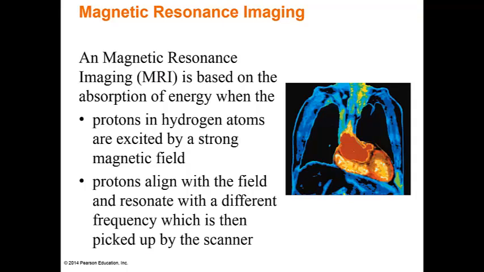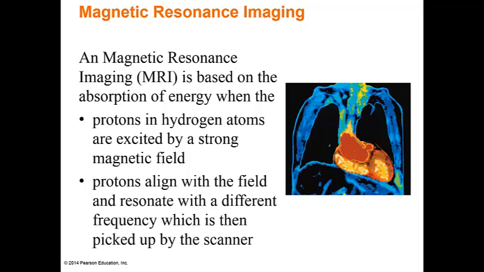MRI, which I've also had, which many of us may have had if we've had ligament injuries, knee injuries, things like that, is based on absorption of energy when protons and hydrogen atoms are excited by a strong magnetic field. This is why you don't wear belly button rings or nose rings or anything that's magnetic when you go into an MRI.